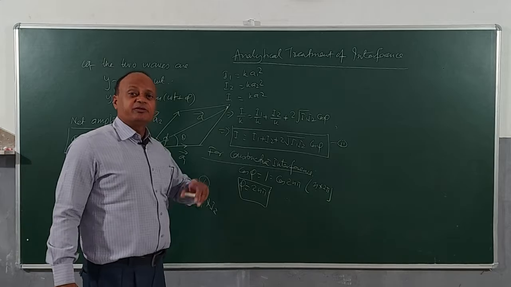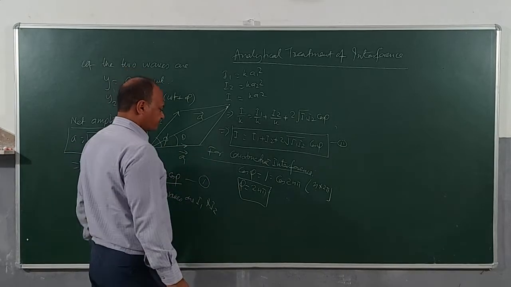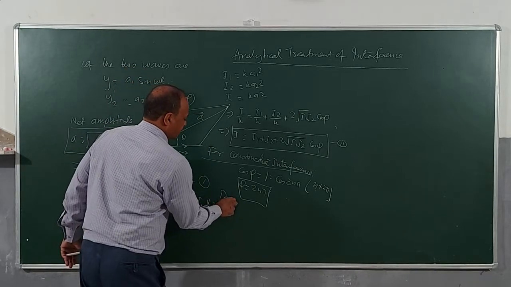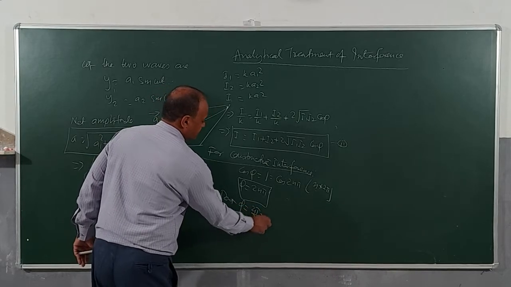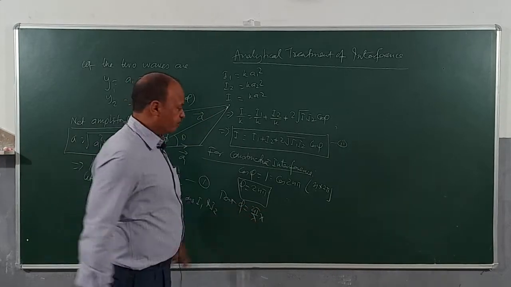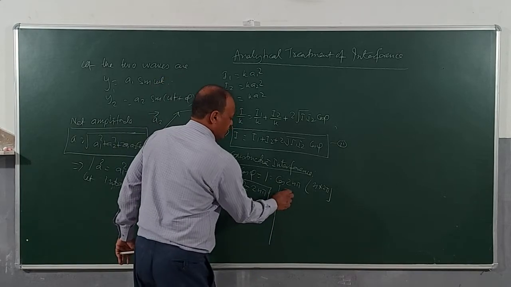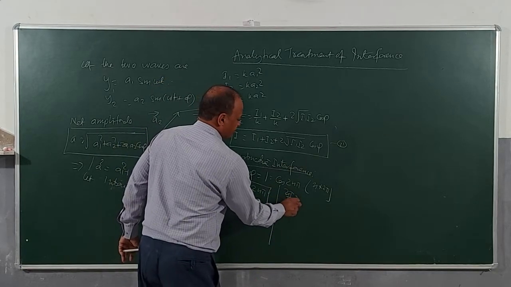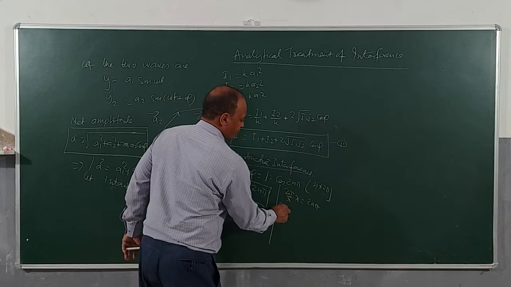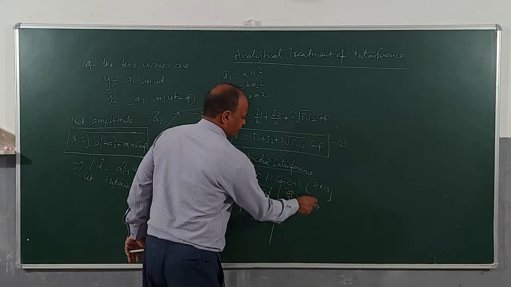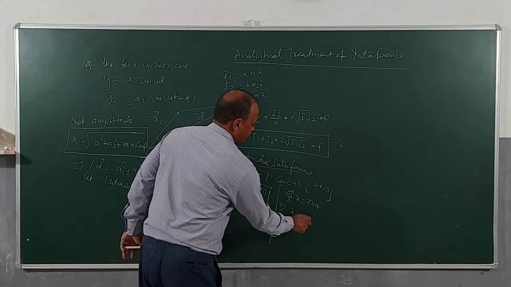Now what will be the value of path difference? We know that phi is equal to 2 pi by lambda into x, where x is the path difference. If I use this value, then 2 pi by lambda into x is equal to 2n pi. Cancel out 2 pi from both sides, then x becomes n lambda.